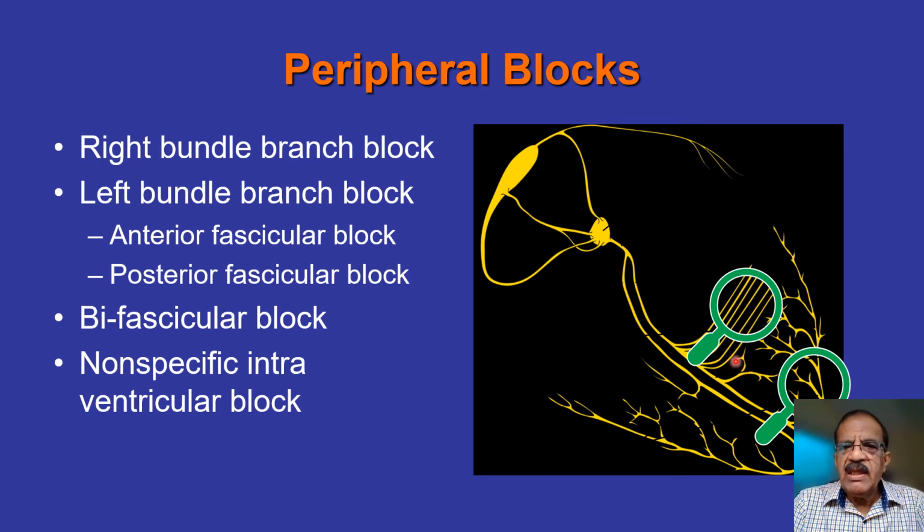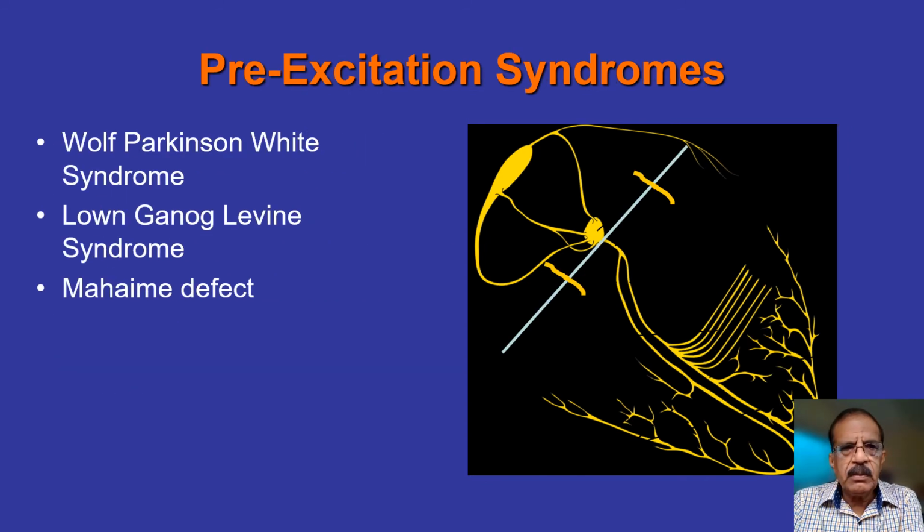Then there may be bifascicular block. In bifascicular block, there could be two fascicles blocked. Now, these two fascicles could be the left anterior fascicle and left posterior fascicle, or it could mean one of two fascicles, or it could also mean the entire left bundle.